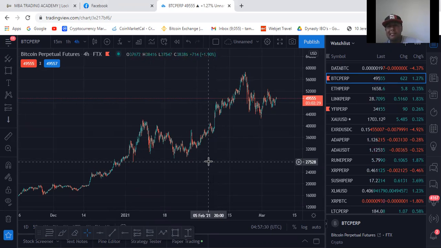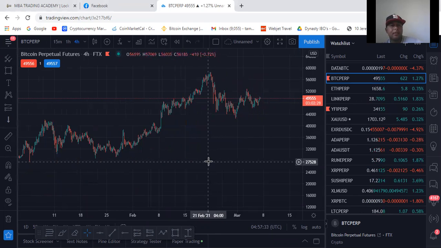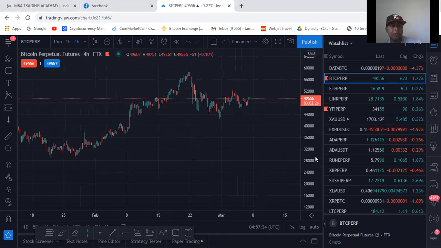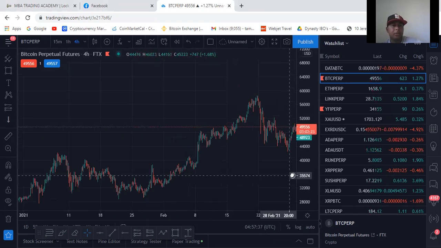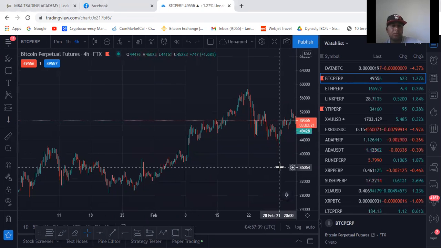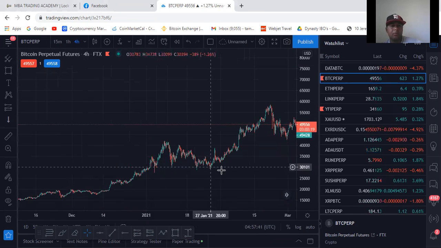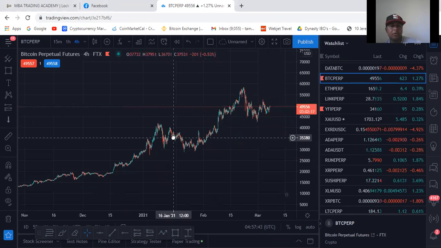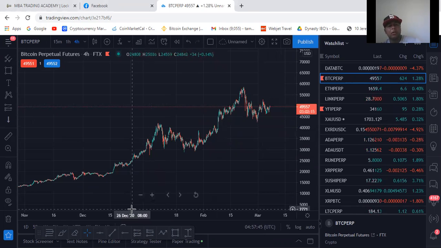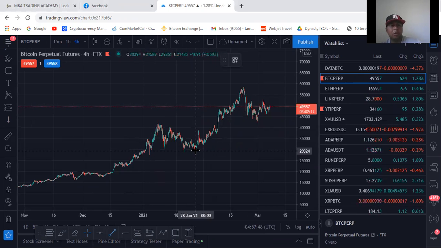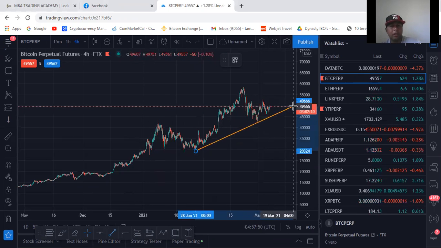Let's go. When I'm looking, just give me a second, I'll just kind of think. I would most likely whack my trend line here.